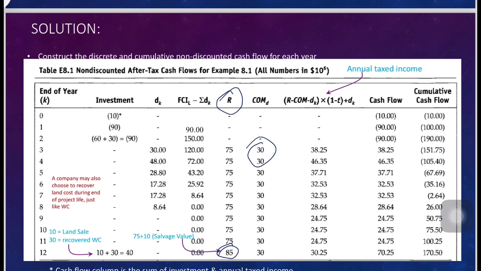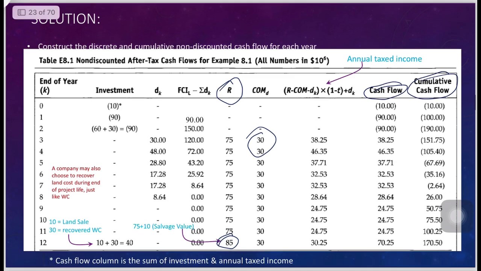And then, okay, you have the cash flows here. This is the discrete cash flow and this is the cumulative cash flow. Okay. All right.